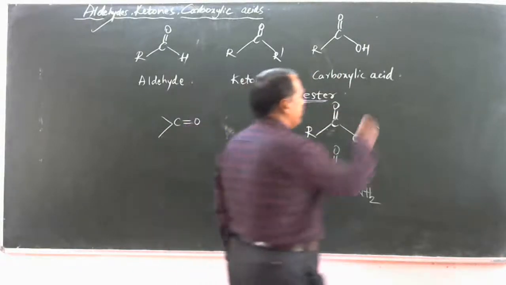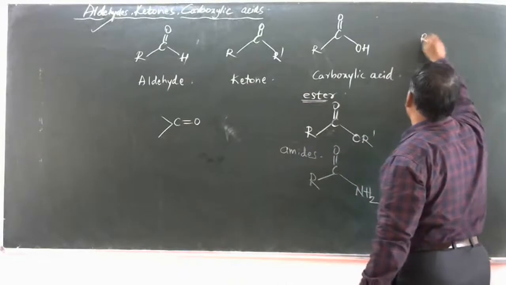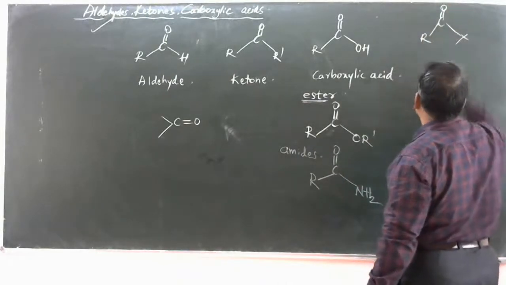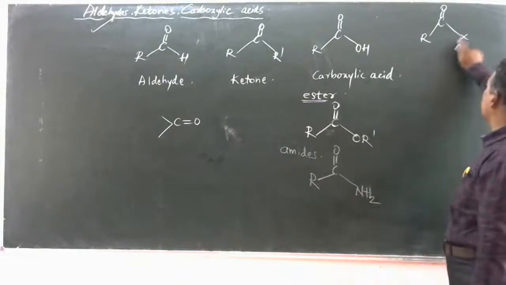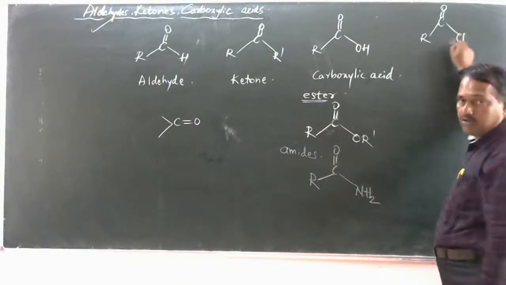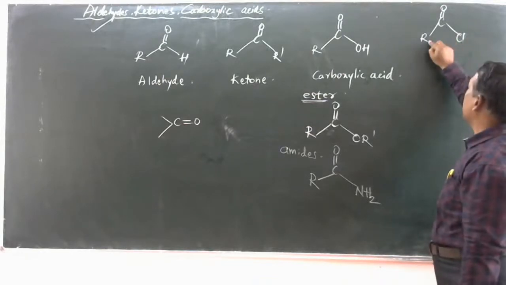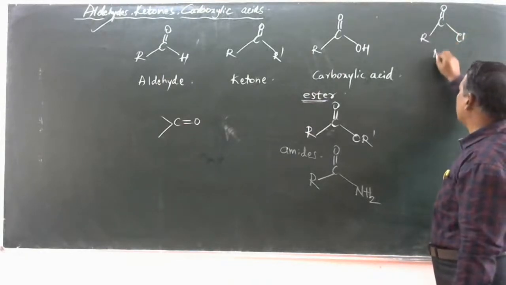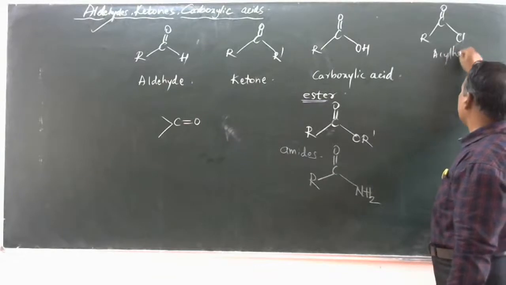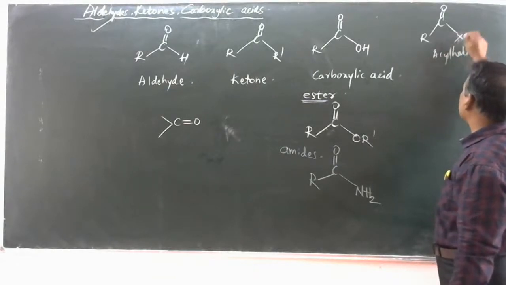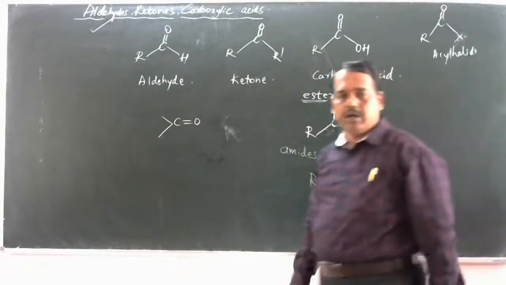Again, acid chloride, or acyl chloride, is R-C double bond O and X; if X is Cl, we call this an acid chloride. It is nothing but an acyl halide, where X is a halogen.